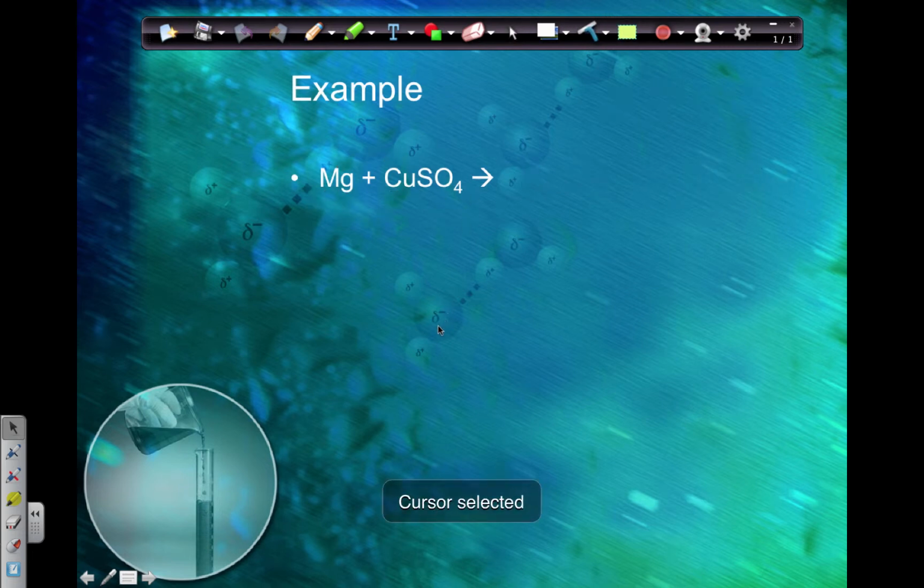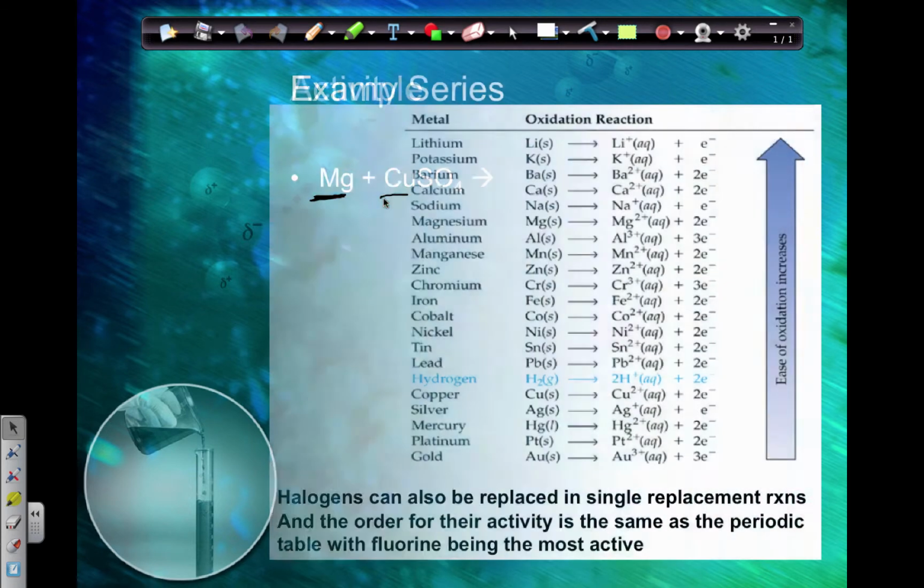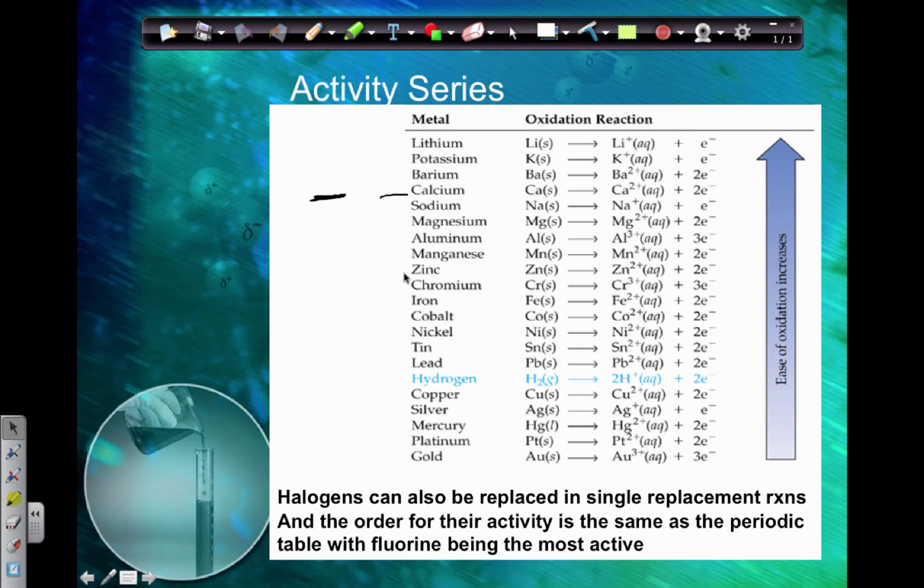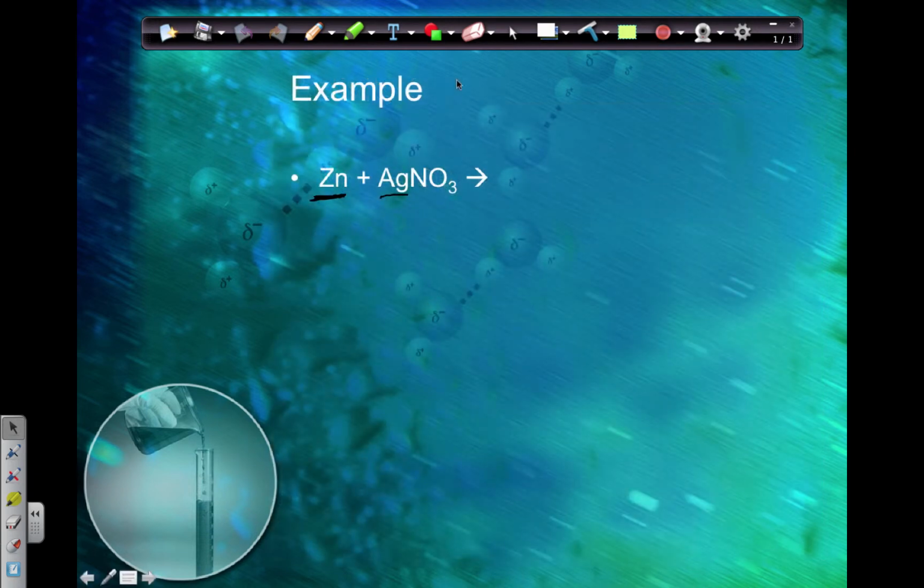Let's look at zinc plus silver nitrate. Okay, so zinc is by itself, so we're going to compare that to the metal. Since it's a metal, we compare it to the metal. So zinc and silver, zinc is right here, silver is right here. So zinc is higher, which means that the reaction will happen.